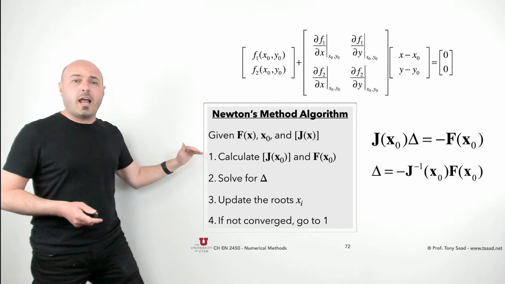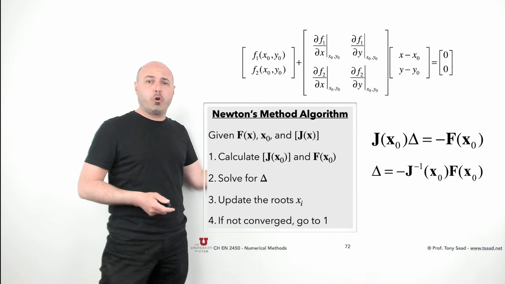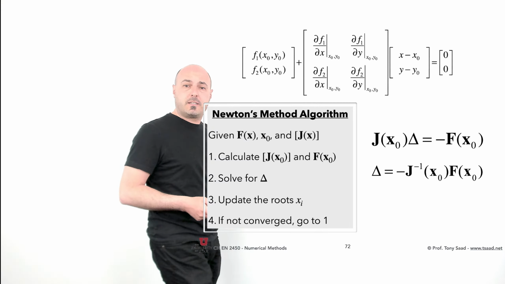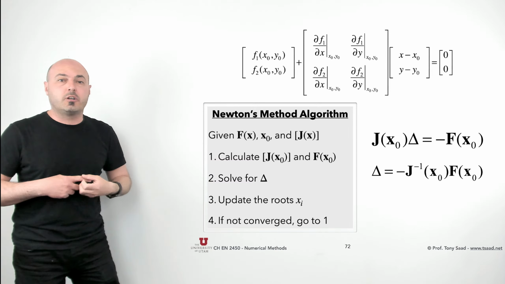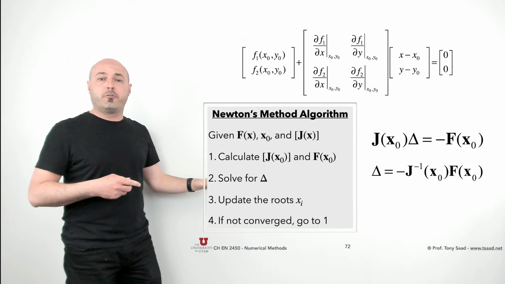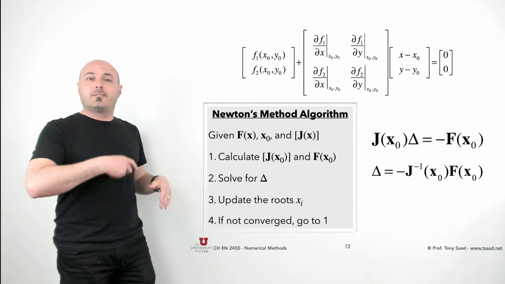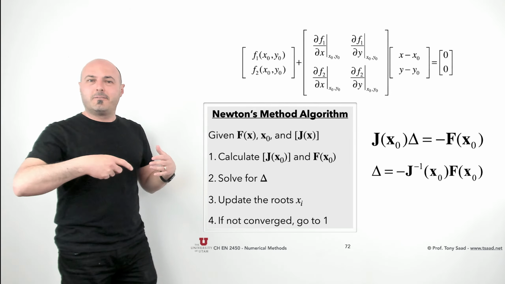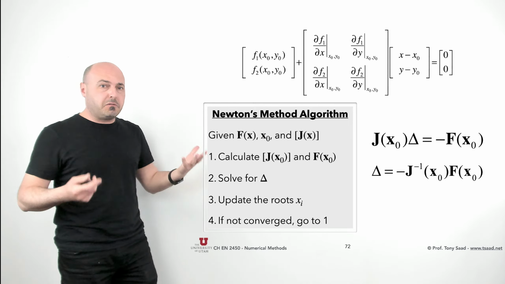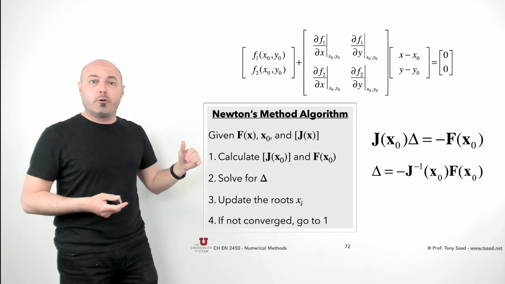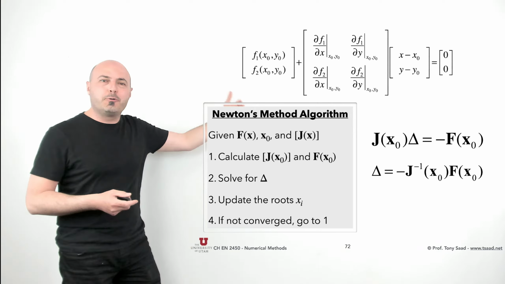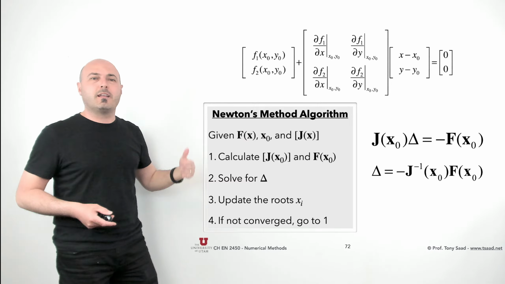Then the first step, you calculate your Jacobian and your residual function at that initial guess that you started with. Then you solve for delta, you update the roots, so x1 and y1, right? And then you check for convergence. If you're not converged, you use those as your new guess, and you repeat, and you repeat, and you repeat.